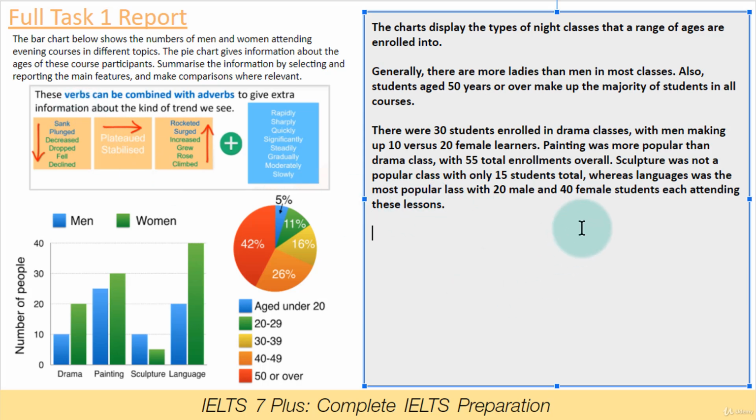Okay, so let's describe the pie chart. 42% of all of the student body, that's a nice colloquial piece of language there, the student body, which means just the overall number of students, were aged 50 years or over.